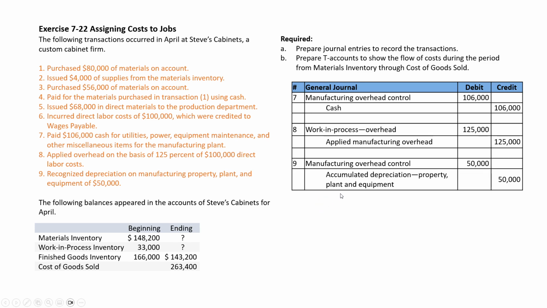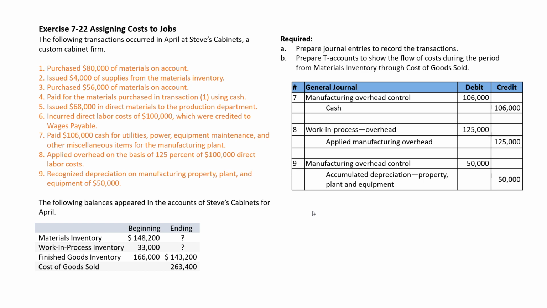Our entry here is going to be similar. We're still crediting accumulated depreciation for 50,000, but since this is a product or manufacturing cost versus a period cost, we're not going to expense it immediately. It's going to be an indirect production cost, so we're also going to debit it to manufacturing overhead control. So we have our journal entries.